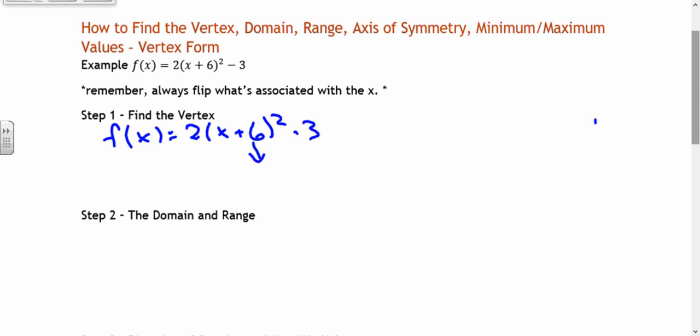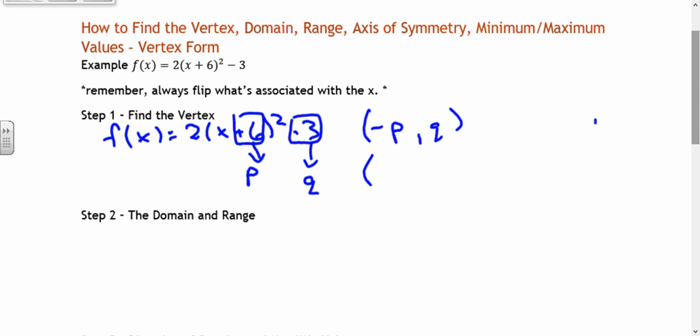This is p. This is q. So remember I said p-value must always, always, always be flipped. So if we're looking at this, we can call it really -p, q. So then this will be (-6, -3) is our vertex.